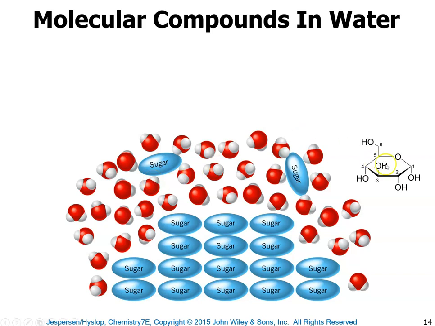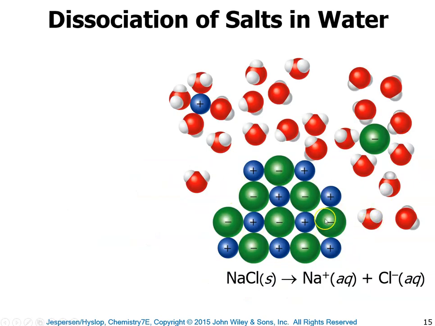And we can see that this is the molecular structure and makeup of sugar, and we have carbons at the edges, but this doesn't fall apart. These don't break apart and disassemble the units like we do in ionic compounds. This is an example of an ionic compound where we have sodium, the sodium in blue and the chloride in green.